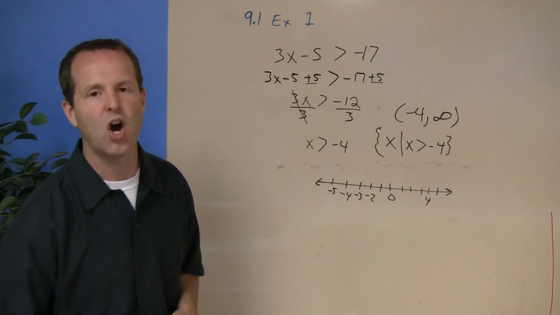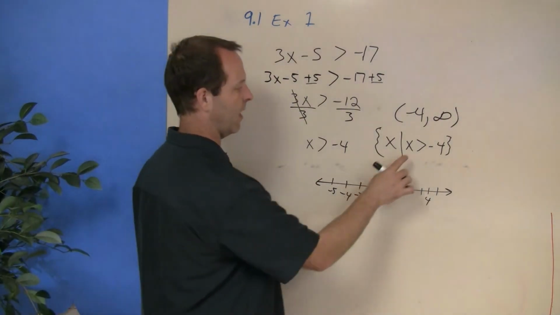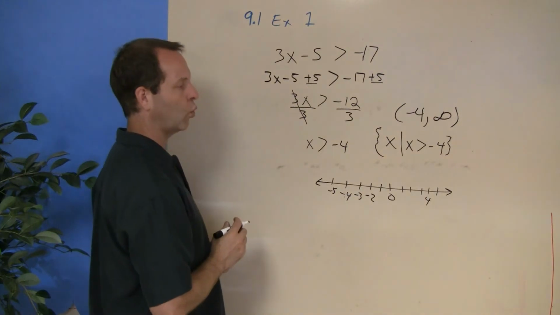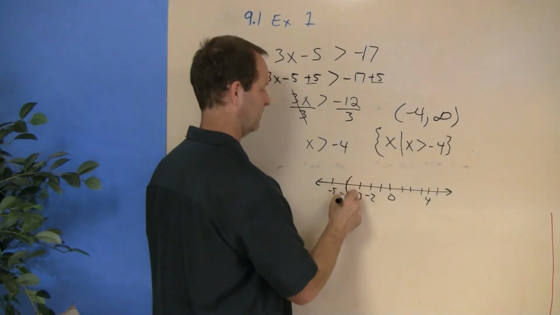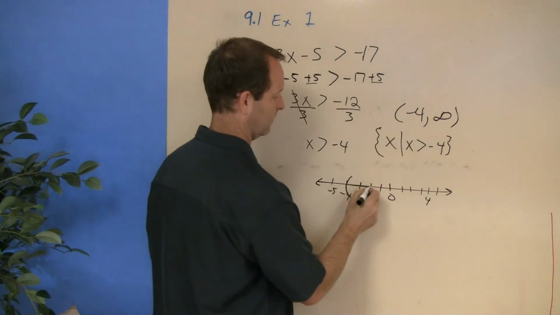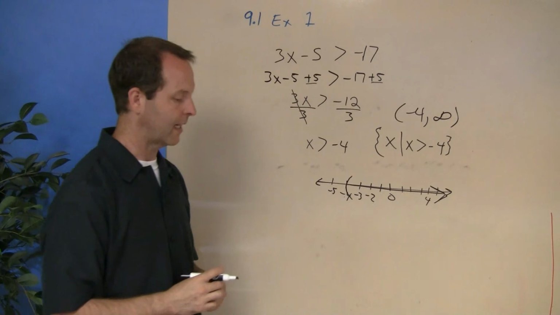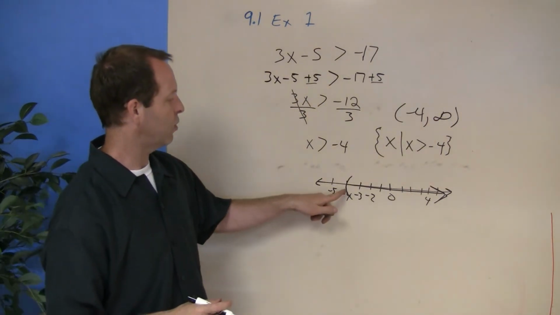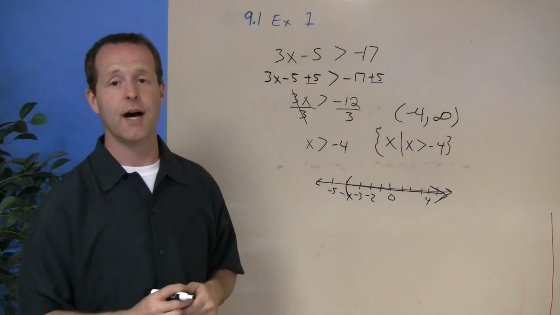Just enough points to help us understand what we're talking about. This tells me that all my solutions are greater than negative 4, so I'm going to write it with a parenthesis at negative 4 and going all the way to positive infinity.